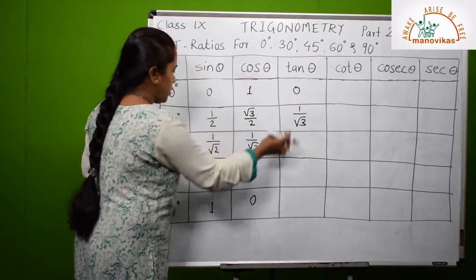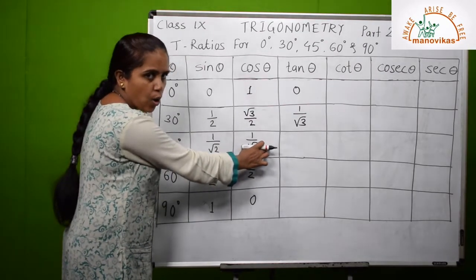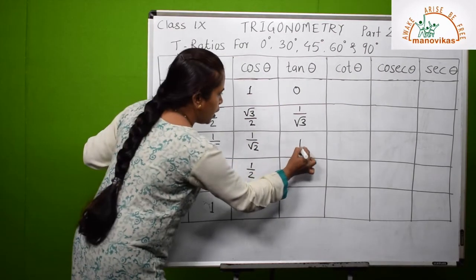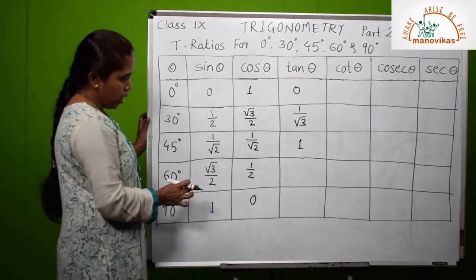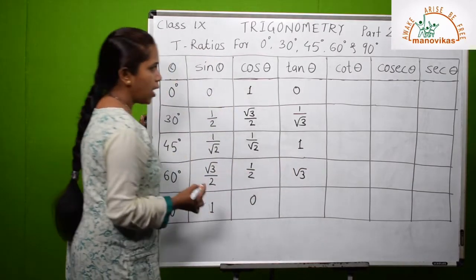Next, tan 45. Again sine 45 divided by cos 45. So 1 upon root 2 divided by 1 upon root 2, you will get 1. Then next is tan 60. Again the ratio of these two, you will get root 3.